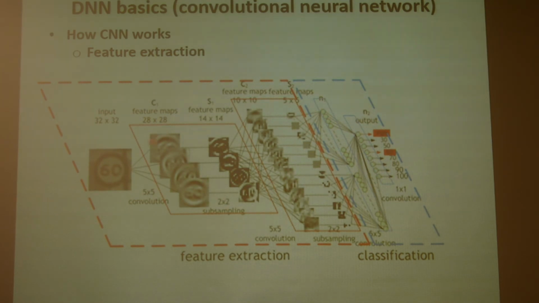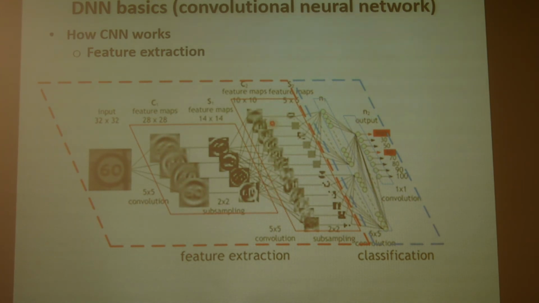For the first few convolutional layers, it gets some low-level features. Basically, it's the outline and the edges of your input image. And this is similar to how humans recognize an image.